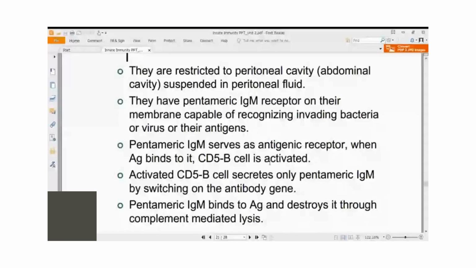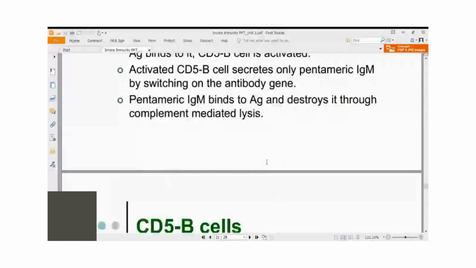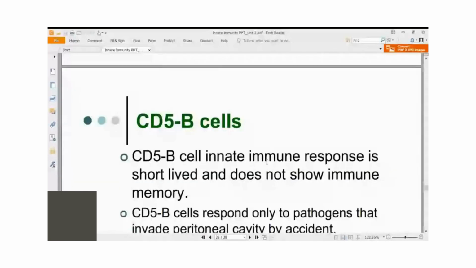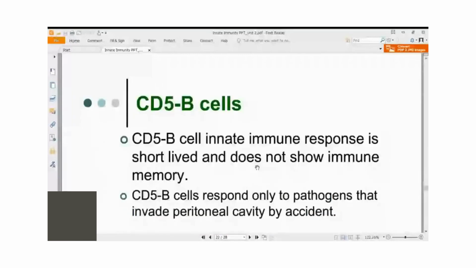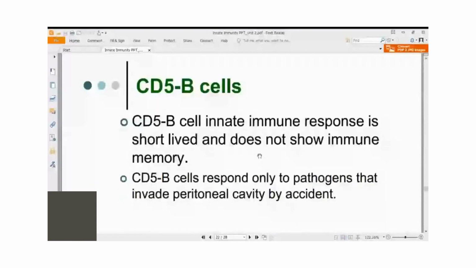Since CD5B cells are innately responsible for preventing the infection of the peritoneal cavity, and they secrete only one type of antibody molecule, that is IgM, which is a temporary measure, CD5B cells do not give long-term immune memory. It is a short-lived immune memory for immediate protection.